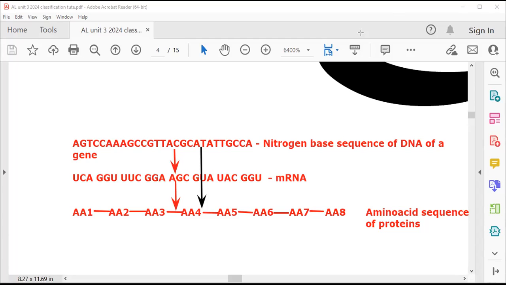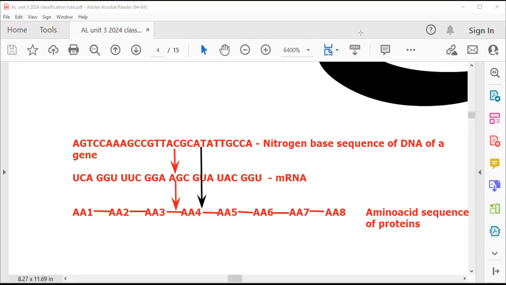So when comparing relationships, we are comparing nitrogen base sequences: the genes in a chimpanzee and in a human, taking similar genes.